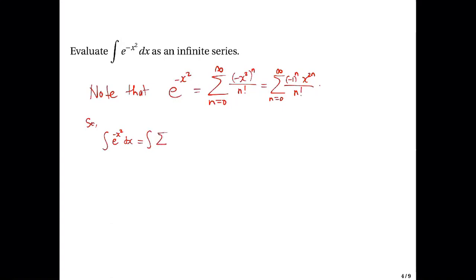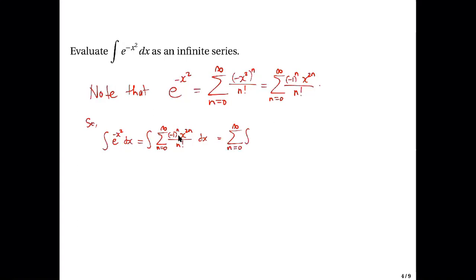So this is now the sum from n equals 0 to plus infinity, negative 1 to the n, x raised to 2n over n factorial dx. Or this is equal to the sum from n equals 0 to plus infinity of the integral.